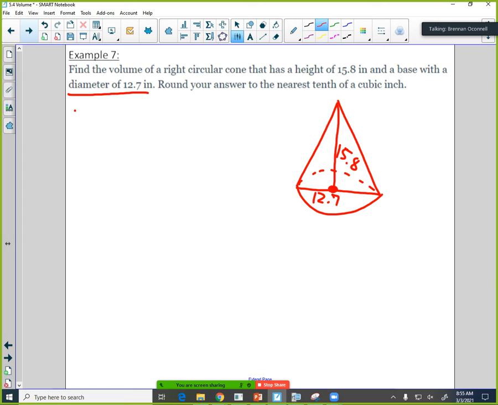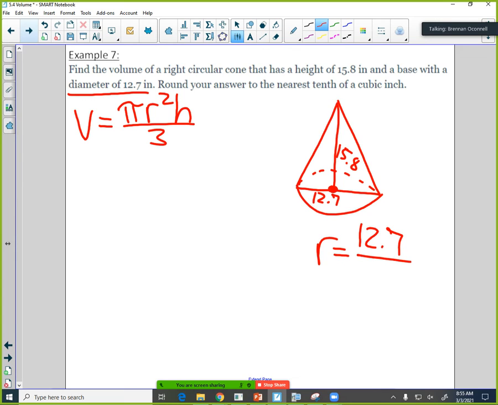So when we do our V equals pi r squared h divided by 3, we don't have r. What is r? Half of the diameter, so take that 12.7 and divide it by 2, and we should get 6.35.